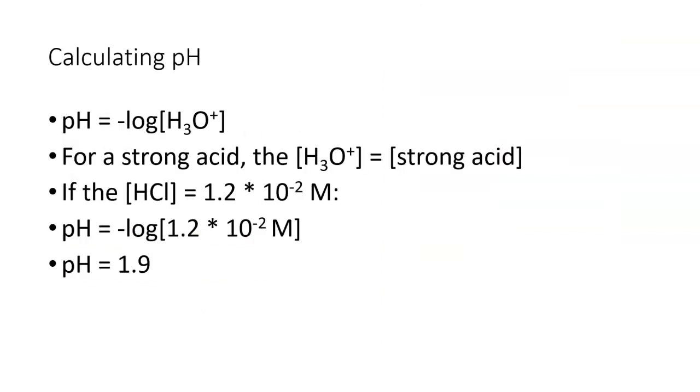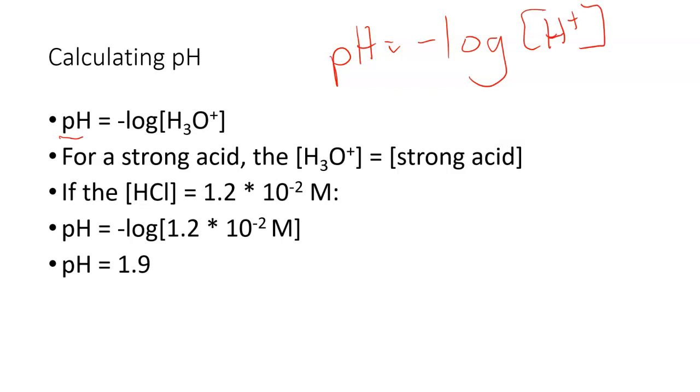To calculate our pH, we use pH is equal to the negative log of our hydronium concentration. You may also sometimes see pH as the negative log of H plus concentration. These are interchangeable forms of the same equation, because remember, H plus is going to attach to water to make H3O plus.